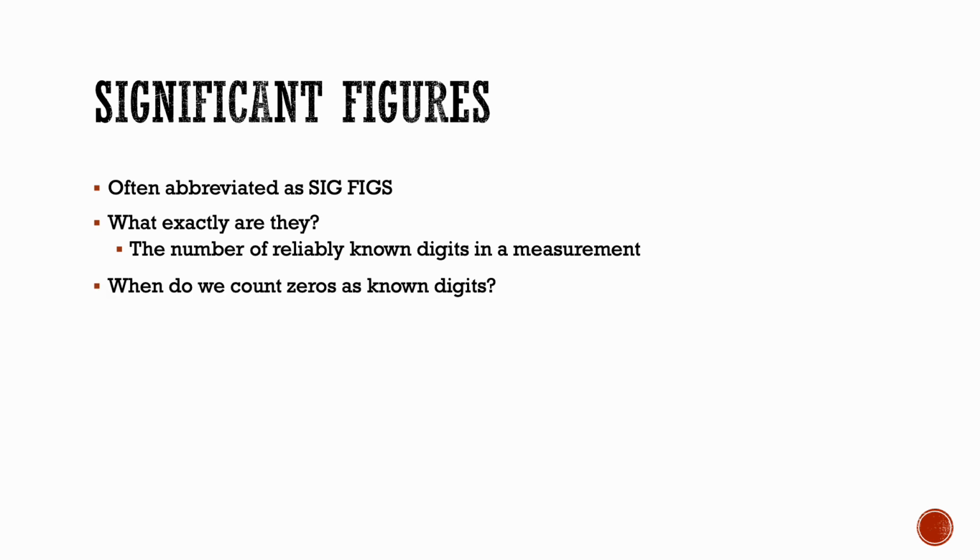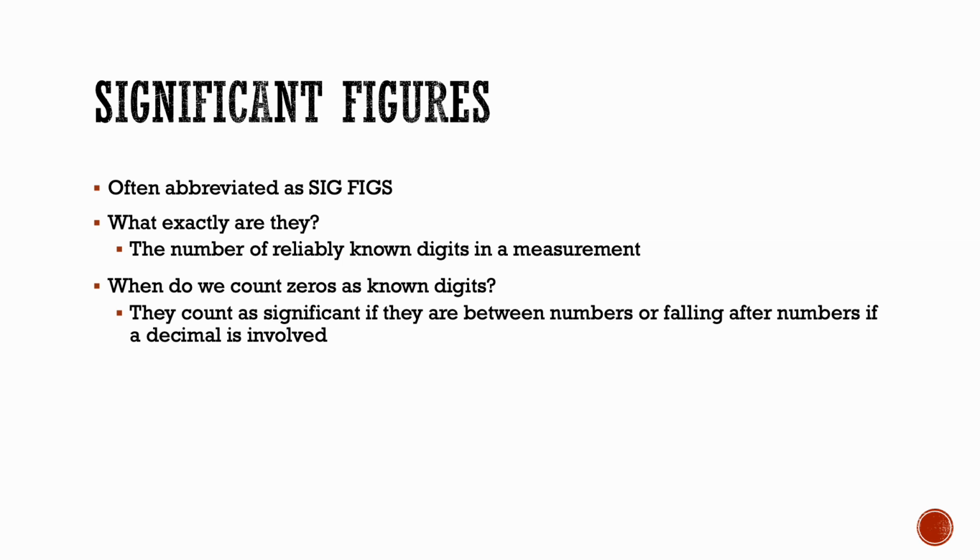So when do we count zeros as known digits or as significant? They count as significant if they're between numbers or falling after a number if a decimal is involved, or in other words, showing precision. So both of these examples have three significant figures. For the first one, we have 405.